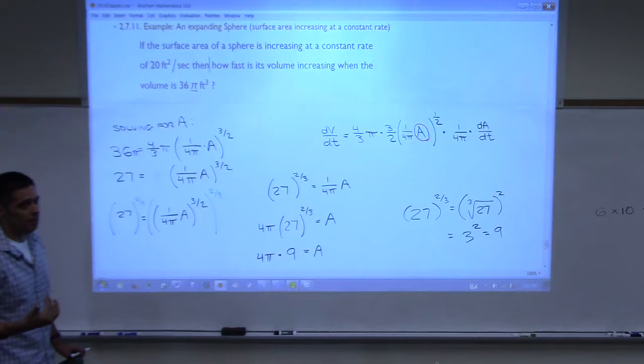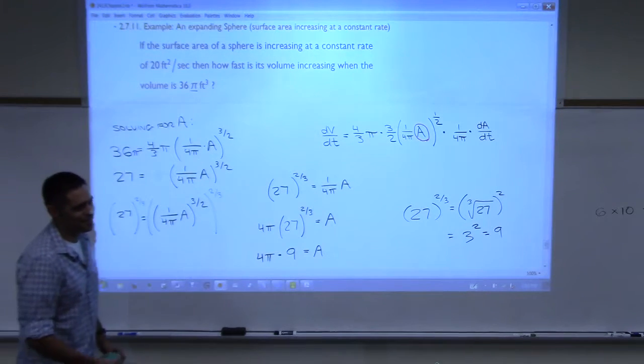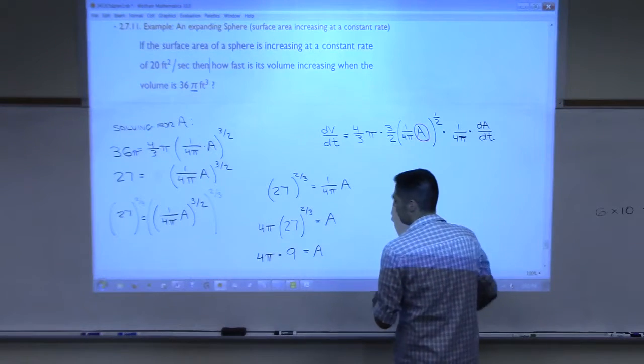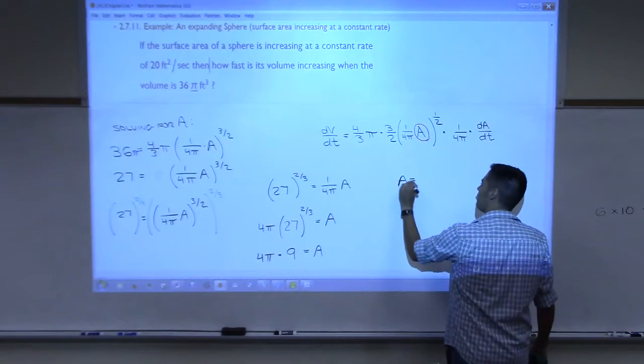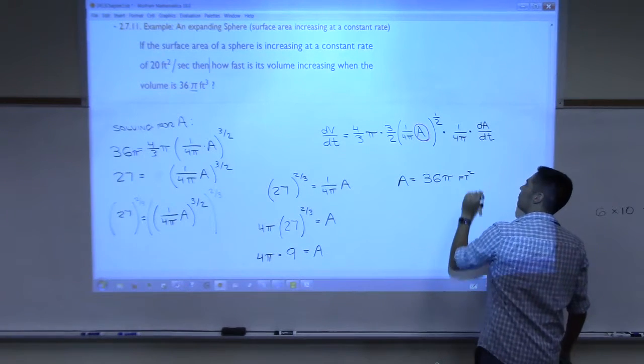It's an area, not a volume. Square feet, not cube feet. It just so happened. It's not always that way. All right, so area is 36 pi square feet.